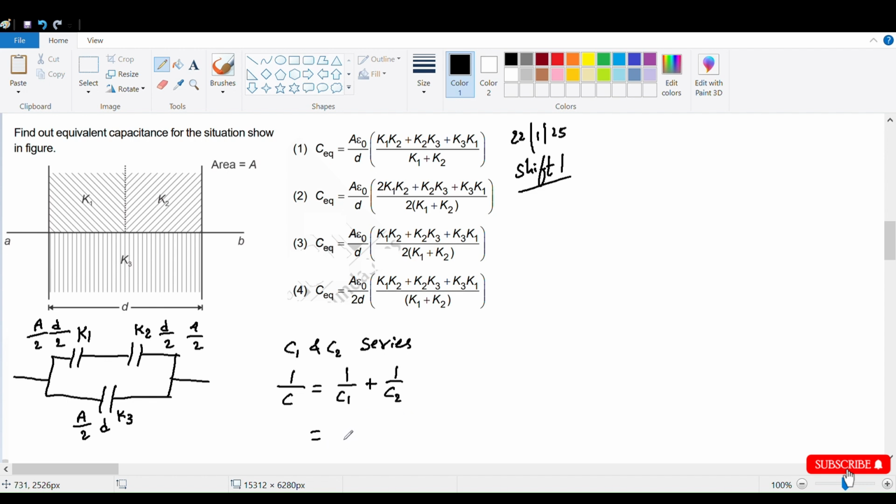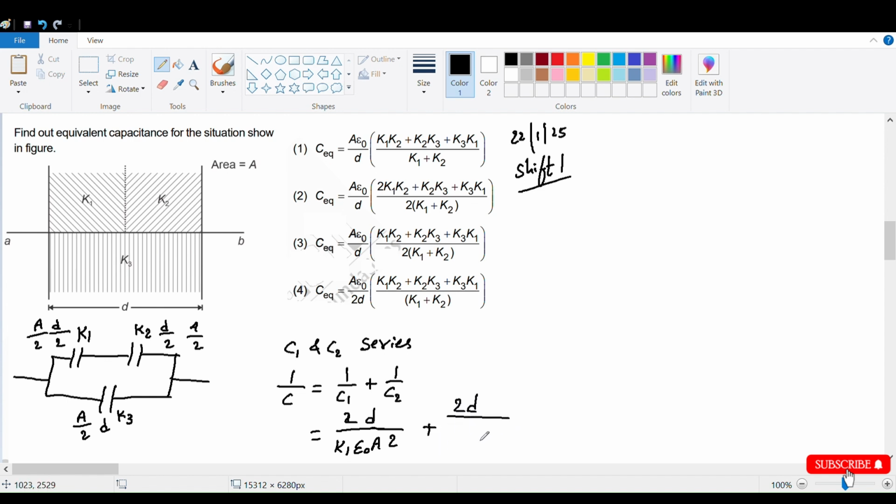C is equal to K epsilon naught A by D. For the first, it is K1 epsilon naught, area A by 2, over distance D by 2. For the second capacitor, the area A by 2 will go up and the distance is D by 2 plus the same here.